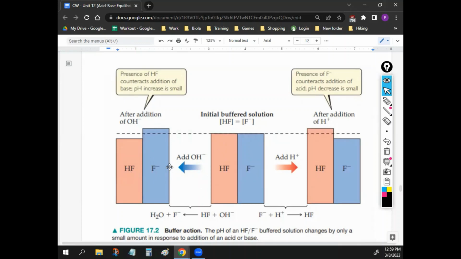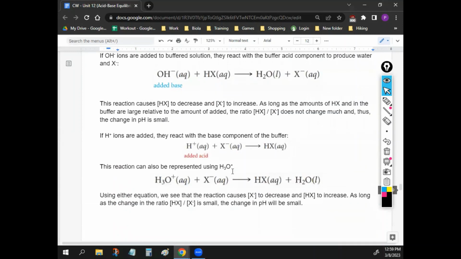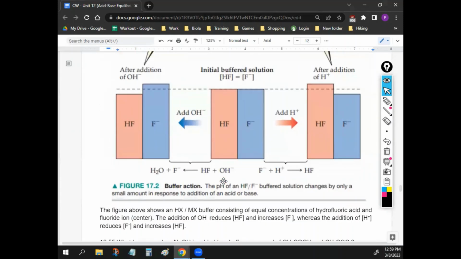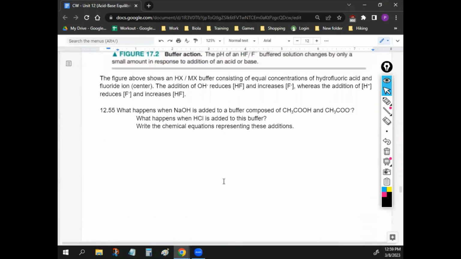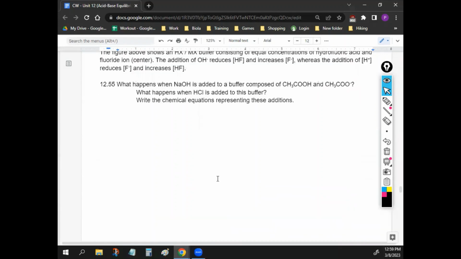This is basically what we're talking about. I just wanted to show a lot of different ways you can understand it so you get how buffers work. Okay, let's look at 12.55. I'll have you try this one on your own. I'll give you 3 minutes. You're adding NaOH to a buffer, and this is your acid-base pair.